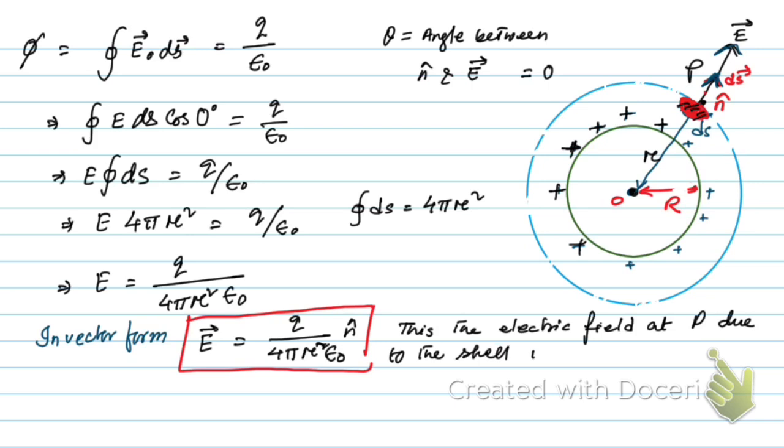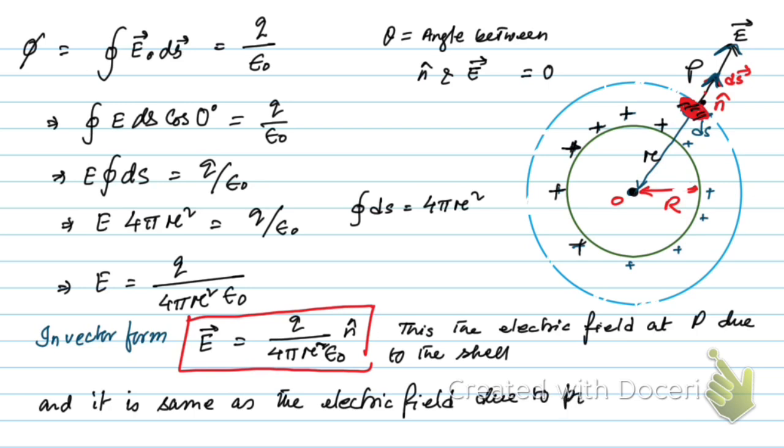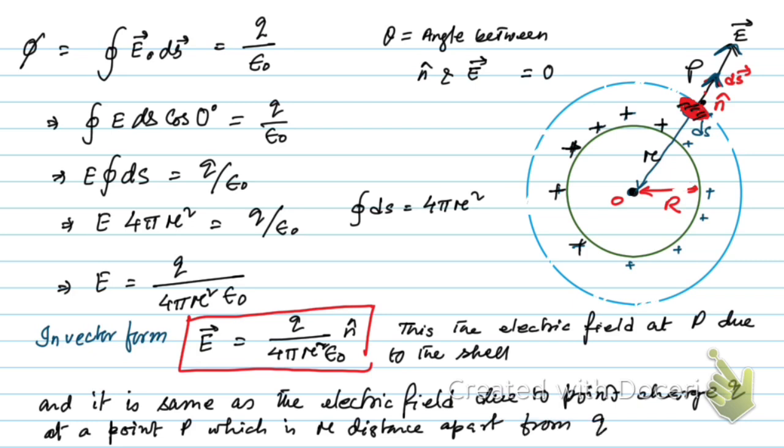And it is the same as the electric field due to a point charge q at a point P, which is r distance apart from Q, right?